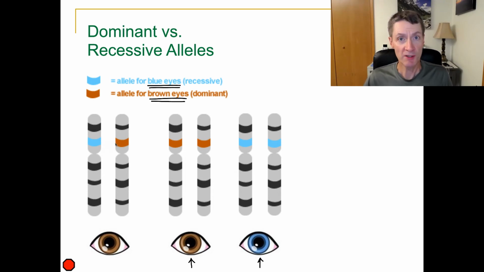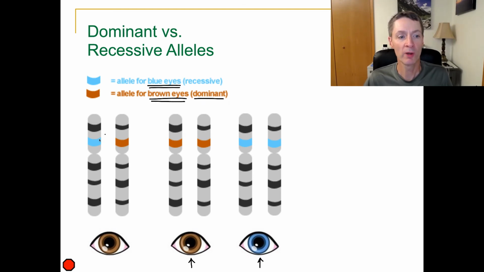Now, what's interesting is that sometimes you'll see a pairing of the allele for brown eyes and the allele for blue eyes. So you will have inherited this particular chromosome from your father, let's say, and this particular chromosome from your mother. And these are paired up. And in this particular set of alleles, it so happens that brown eyes are a dominant allele.